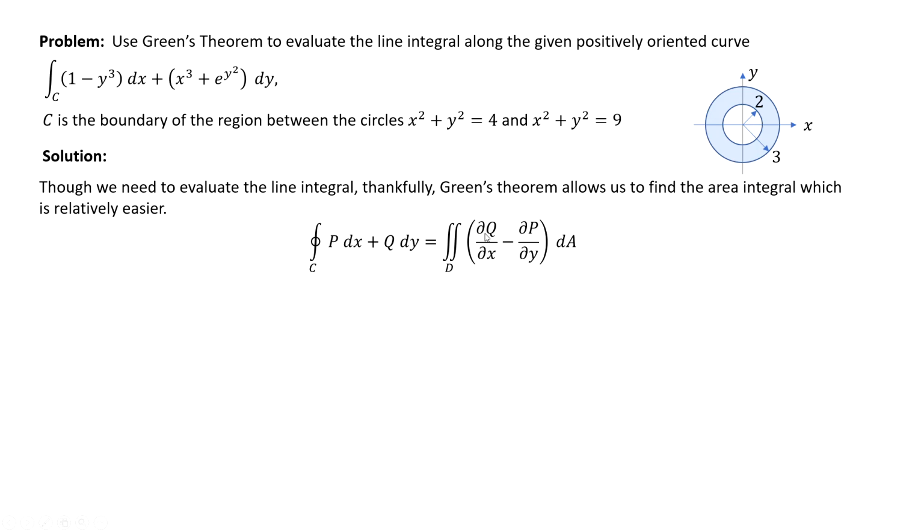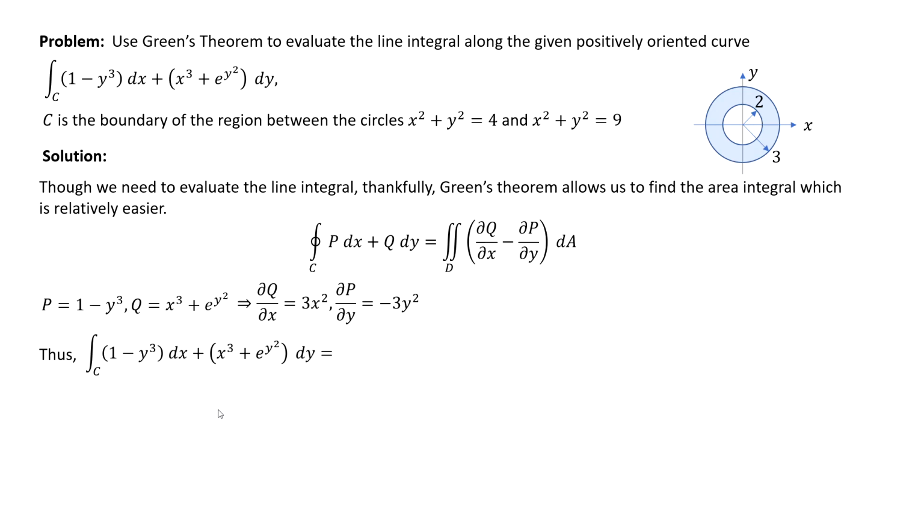Evaluate the area integral of partial Q with respect to x minus partial P with respect to y. P happens to be 1 minus y cube. Q happens to be x cube plus e to the y square. What that means is partial Q with respect to x and partial P with respect to y is what we need to first find.